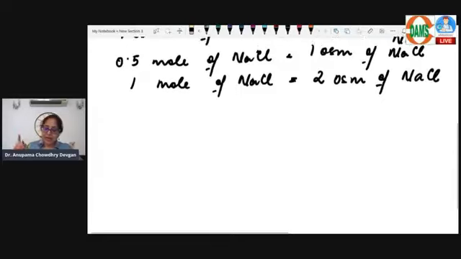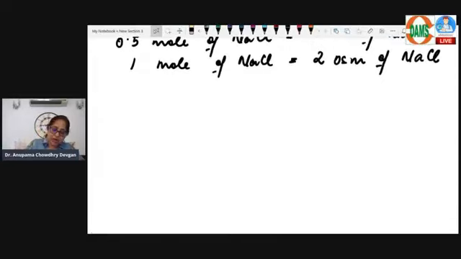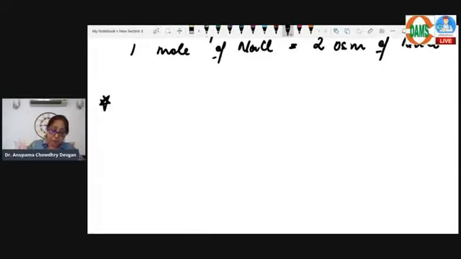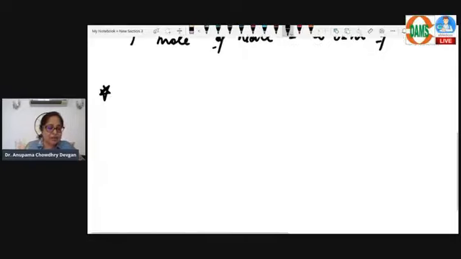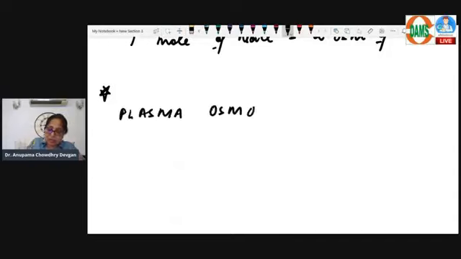Now, another doubt which I wanted to discuss with you, and please add it to your notes, is how to calculate the plasma osmolality. This was something which I forgot to tell you. How much is the plasma osmolality in milliosmoles per liter?